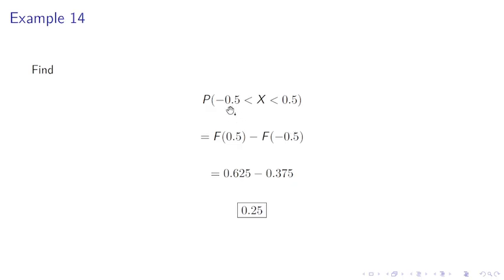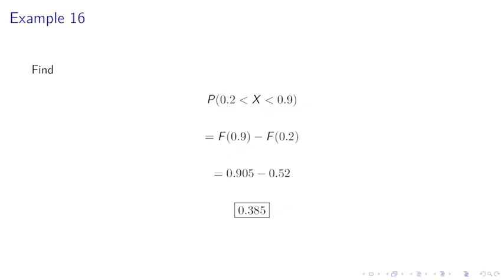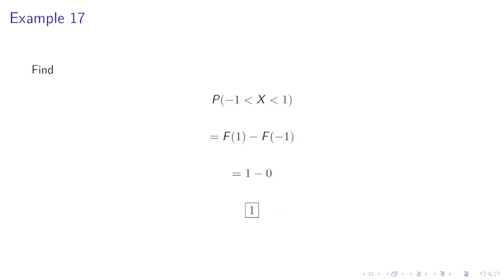Here the probability of minus 0.5 less than or equal to x less than or equal to 0.5 is F of 0.5 minus F of minus 0.5. This is the range: F of b minus F of a. This is b, this is a. So this is equal to 0.25. Simply substitute the formulae, and we can solve any number of problems of this type. So I wish you all the best. Thank you.